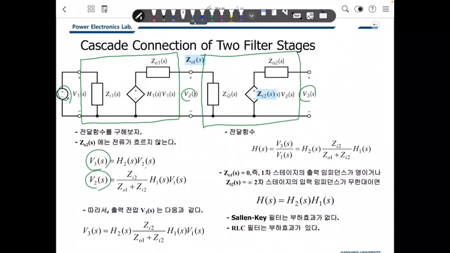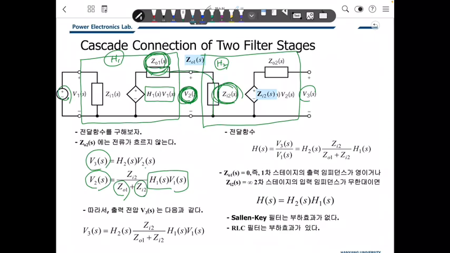The V2 value comes from system H1's output impedance and H2's input impedance connected in series in this manner. So V2 is H1 V1 times the ratio of input impedance of system 2 over the sum of output impedance of system 1 and input impedance of system 2.